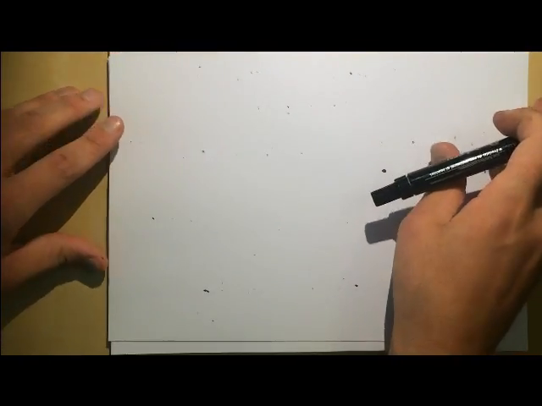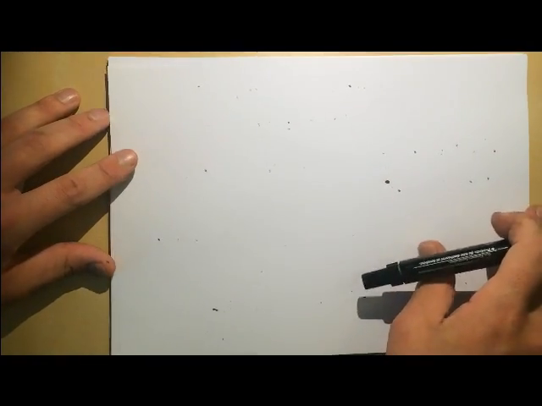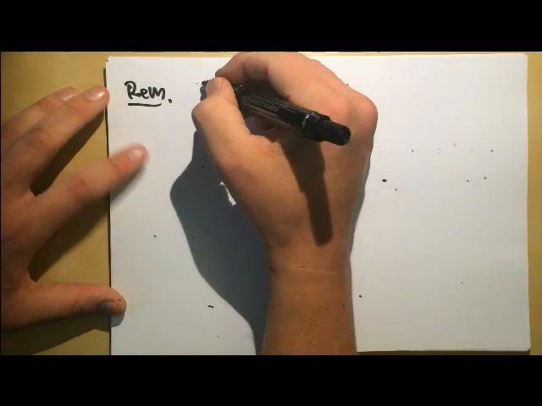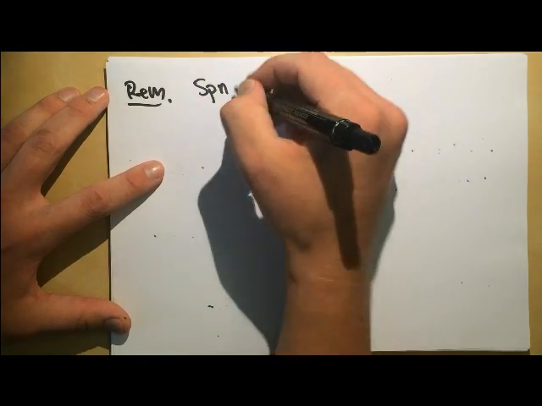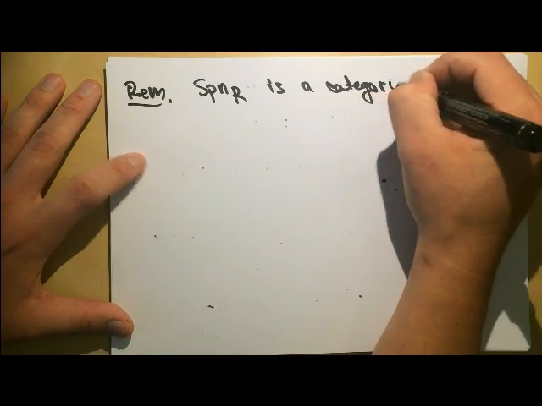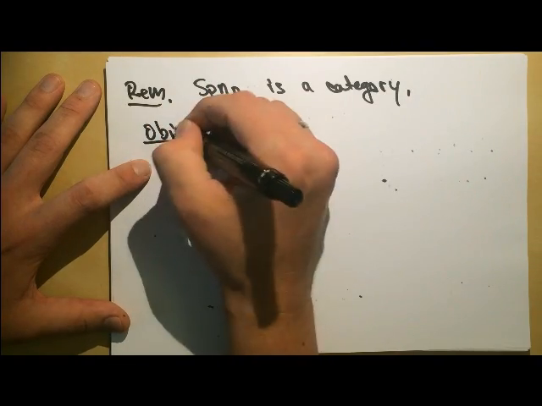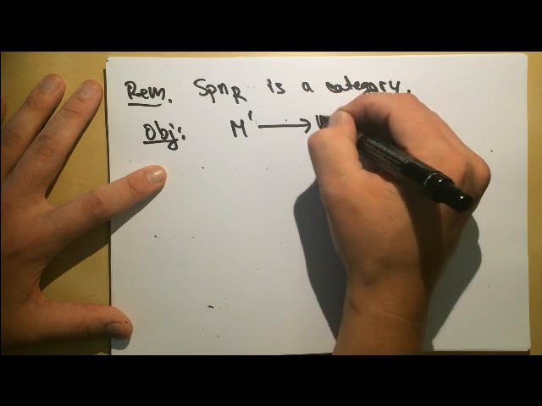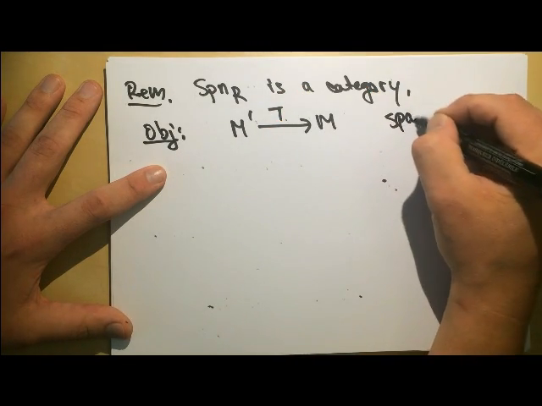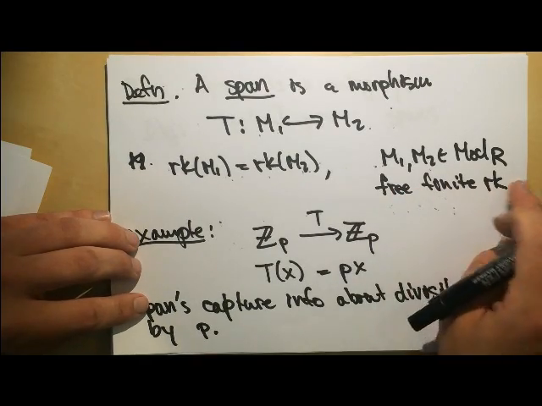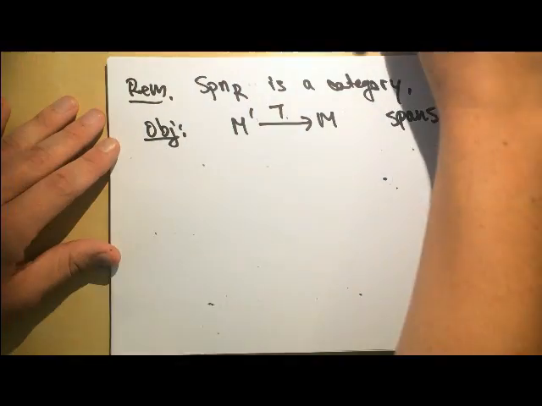So let me make another remark, which is that spans form a category. Span_R is a category. So the objects are going to be maps M' to M, which are spans in the sense of this definition. So they're R modules, free of finite rank, and then this map is going to be injective.